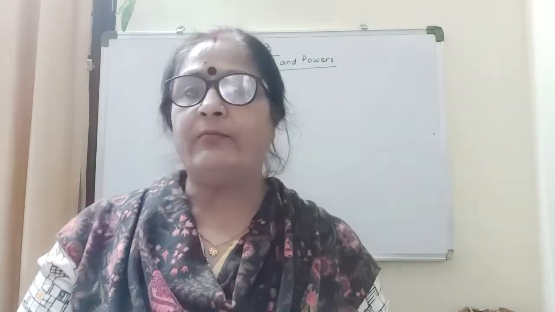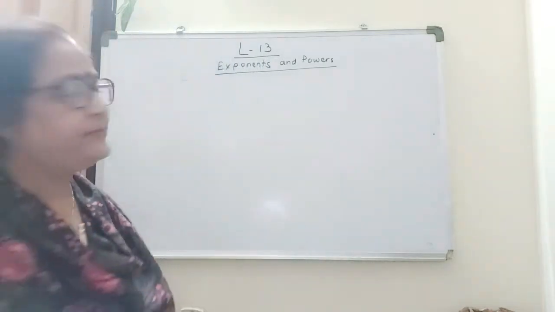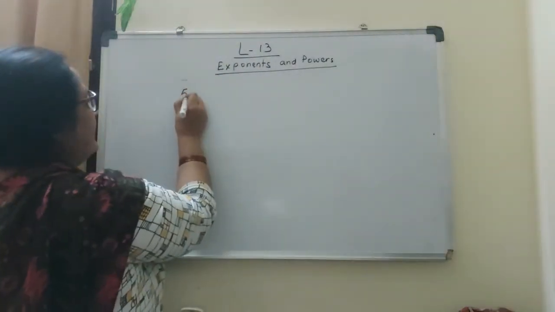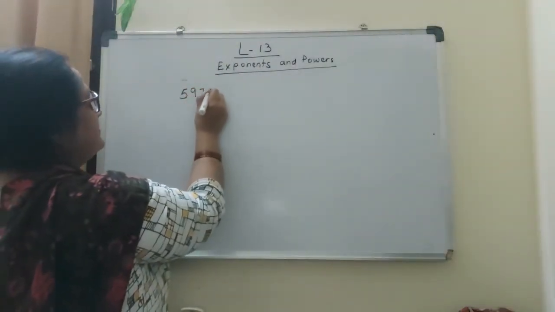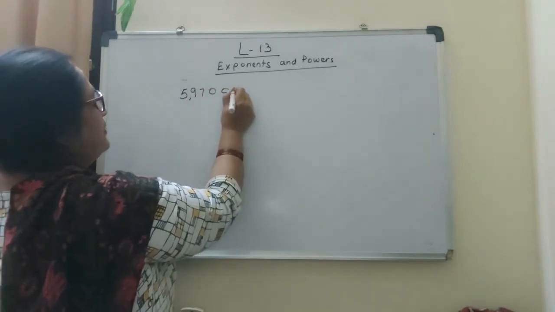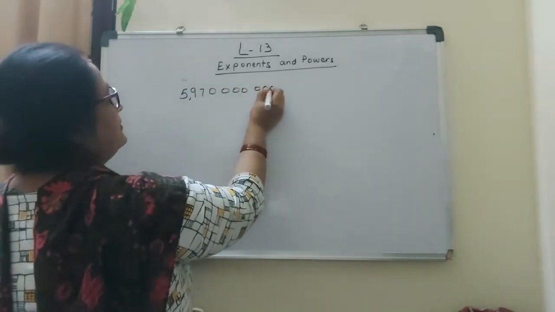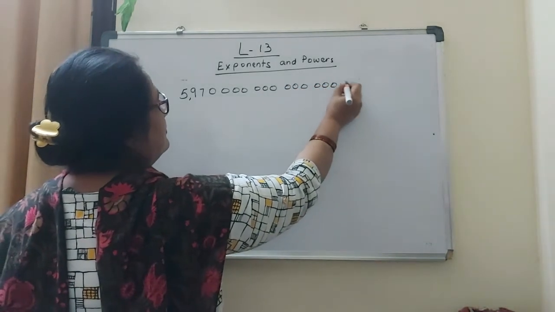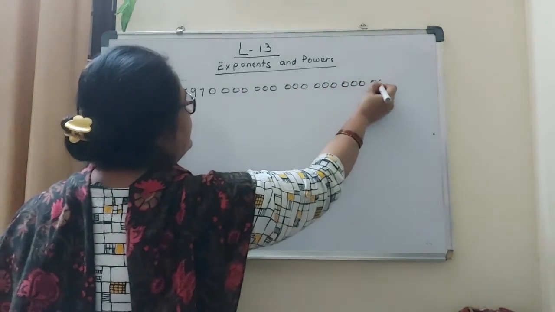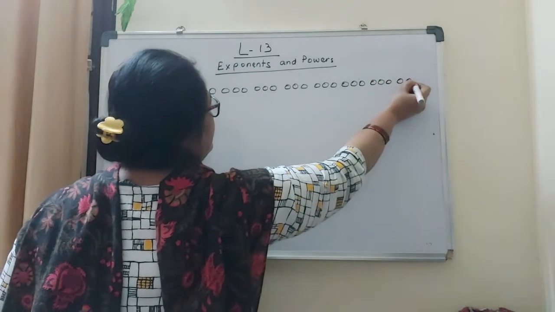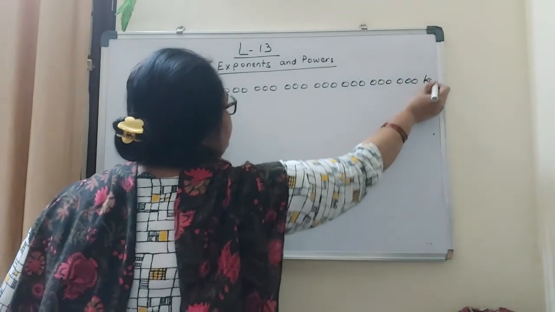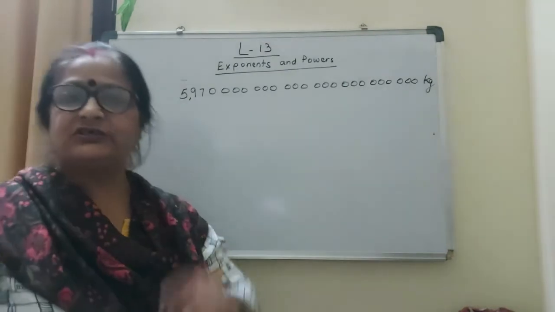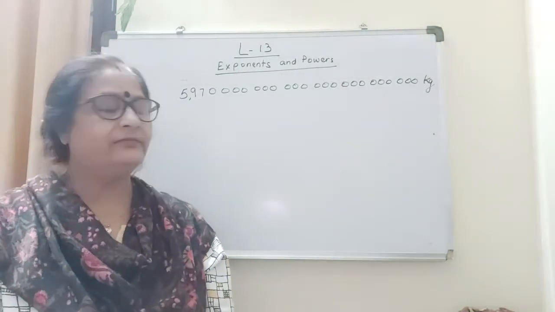Now, if the mass of Earth is, say, 59701, this much kg, okay?